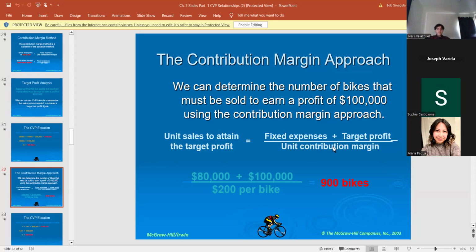Now, we're just going to add the 100,000, which gives us 180,000 divided by 200, 900 bikes. Make sense, guys? Any questions? Again, I hope I'm not going too fast. There's a lot in this chapter, but I think it logically flows when you start doing your homework and studying the chapter and perhaps looking at the video one more time.